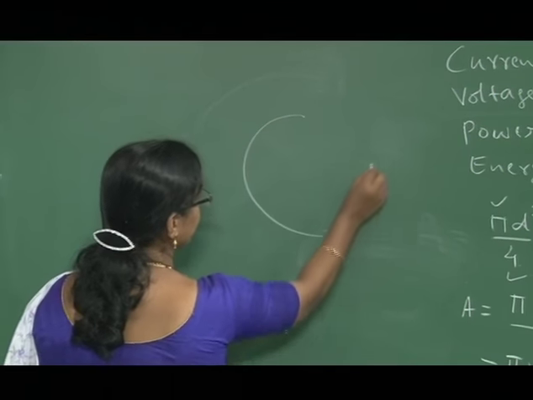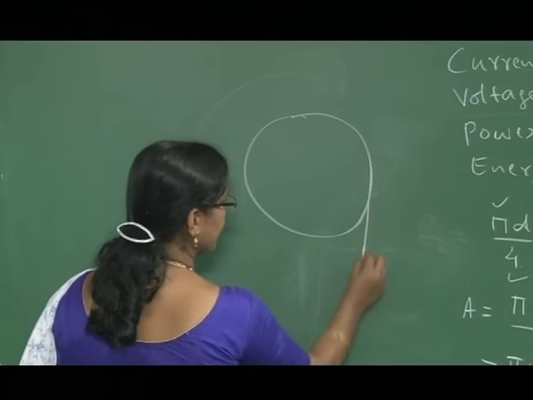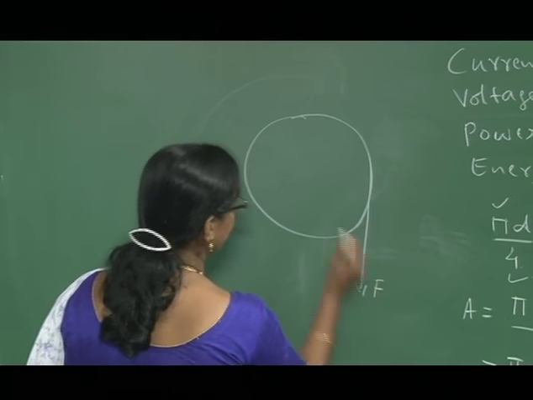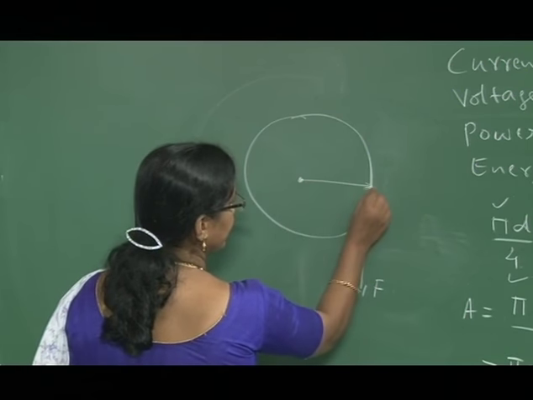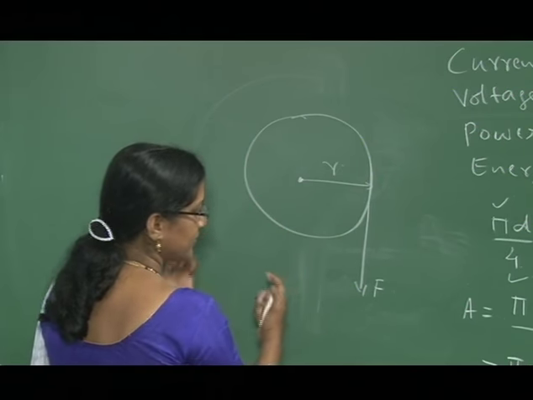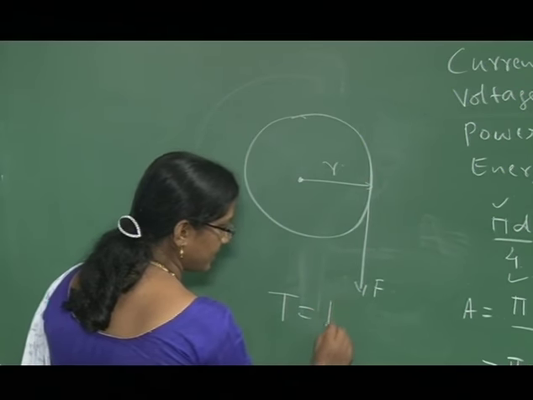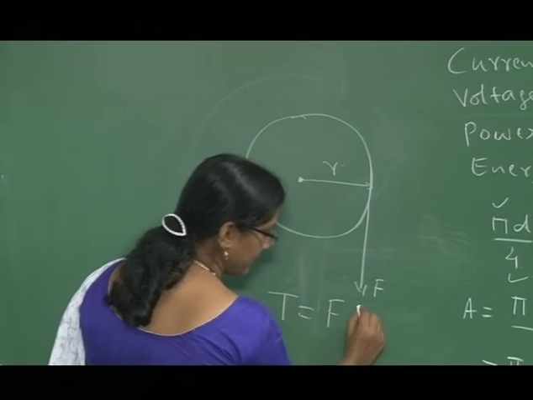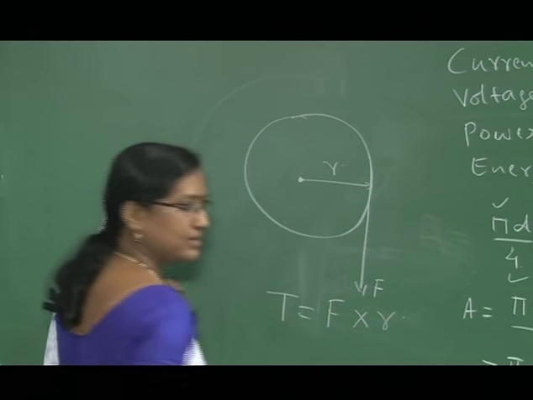When the force is applied tangentially, there will be a twisting moment, meaning rotation. The torque depends on the force and the radius of the circle.